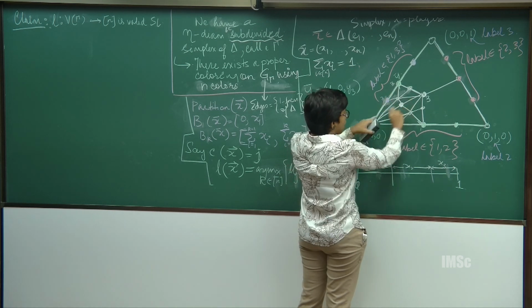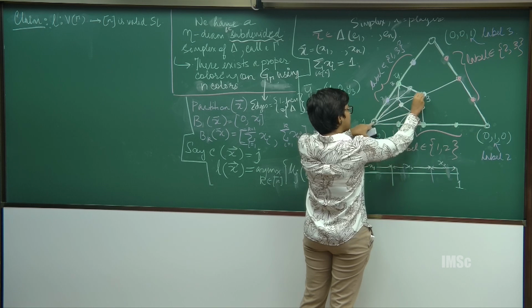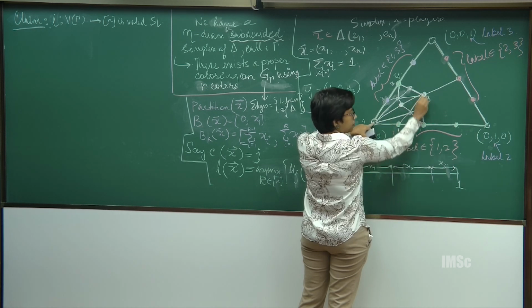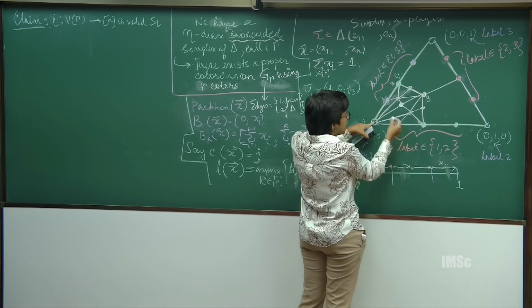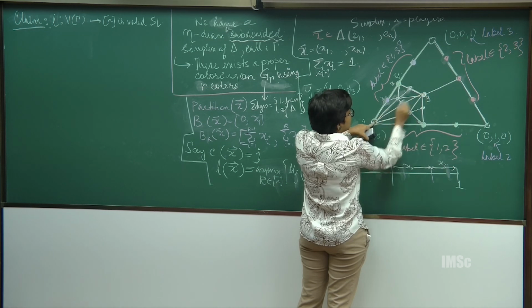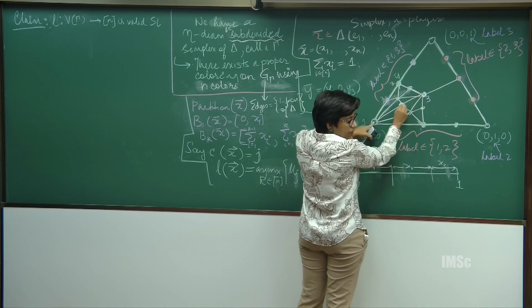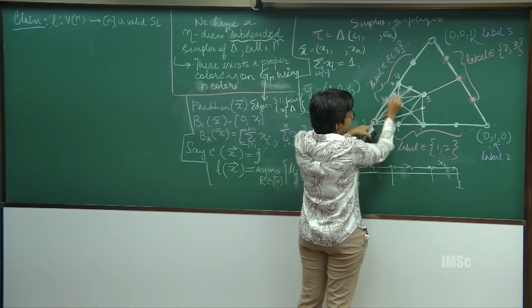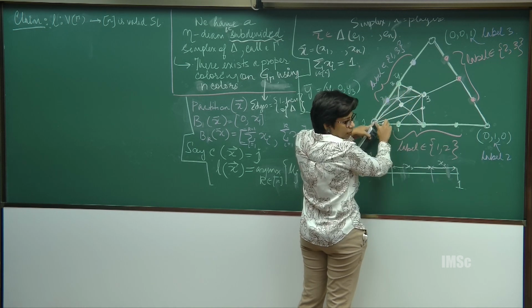Okay. Because how did I get these smaller triangles? By subdividing this triangle and this triangle, right. Which triangle are you saying? This triangle you are pointing to, right? Yeah. So, the barycenters of this triangle along this face is this, along this face is this, along this face is this, and this is the center barycenter of the triangle.